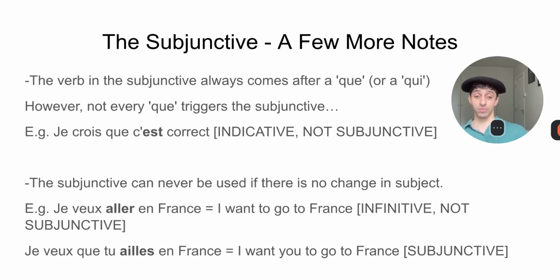So ailles is the present subjunctive from aller. You can see that the subjects of both verbs are different too. So je veux, I want, I'm the one doing the wanting, but you would be the one who goes to France. So the subject goes from I, in I want, to you go. And therefore you do use the subjunctive because there is a contrast or a difference in the subjects of each verb.